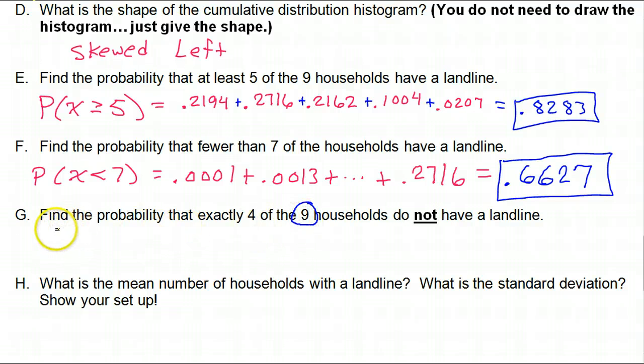So switch this up and ask, what's the probability that x equals 5? This is just a backwards way of asking what's the probability that exactly 5 do have a landline.